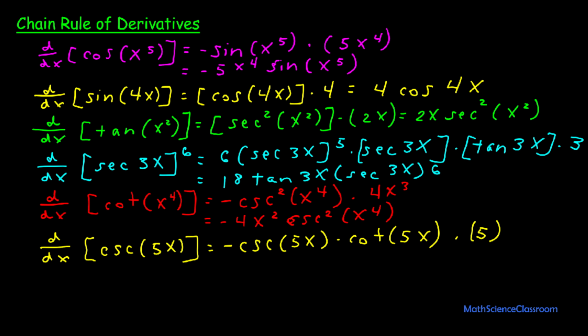Final answer equals negative 5 cosecant 5x times cotangent 5x. Okay, let's move on.